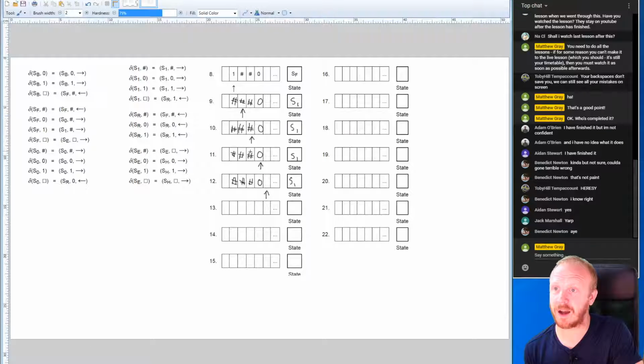Go to state R, put a 1, so that 1 goes here, and then move that way. So now we're pointing here. And all this, of course, stays the same. Okay, and that's where we are.